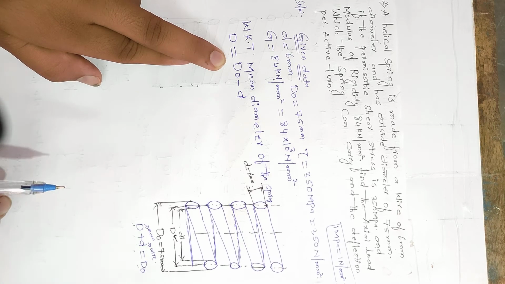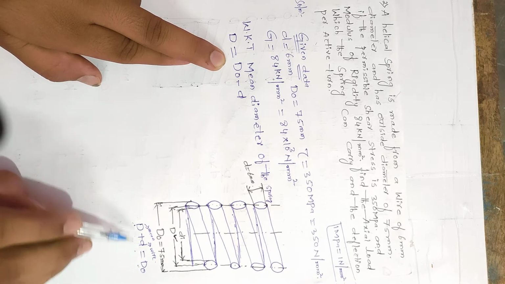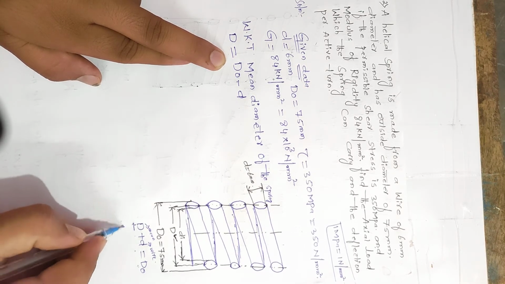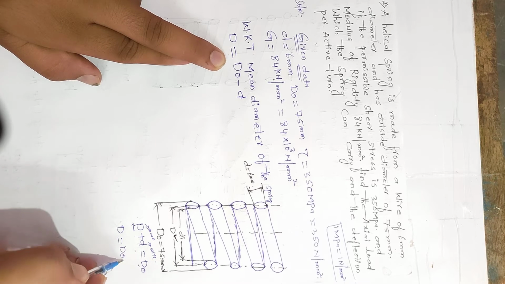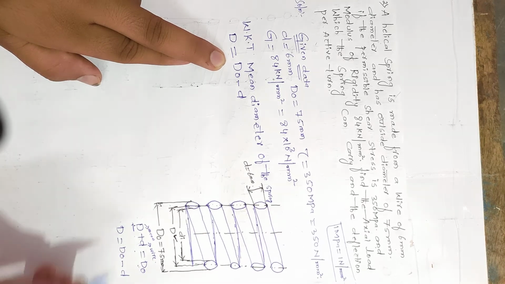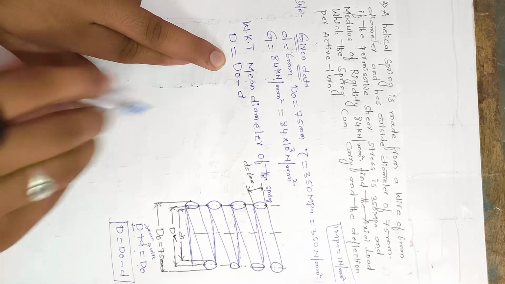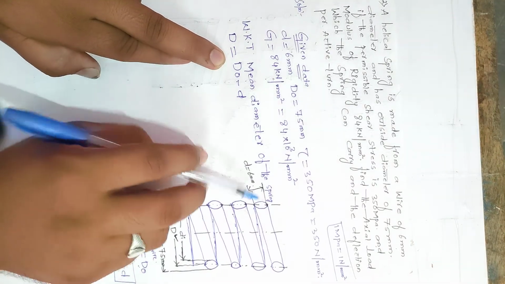But in this case we need to find the mean diameter, so D equal to Do minus d. That is the formula of the mean diameter of the spring.